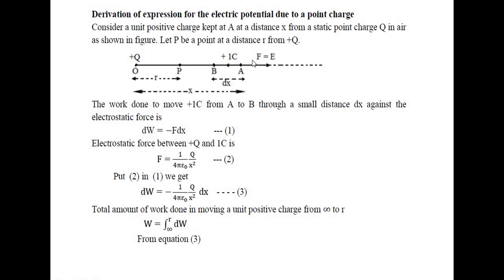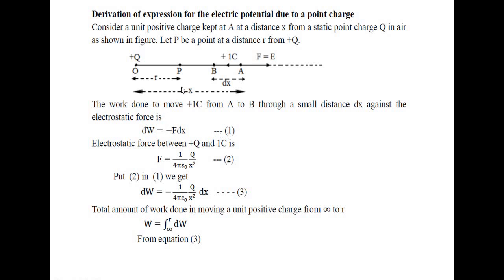Actually, this charge should be at the point A. A plus 1 coulomb is placed at A, and this is the static charge at O. The distance between O and A is x. P is a point at a distance r from O. From this figure we have to derive the expression for electric potential due to a point charge.